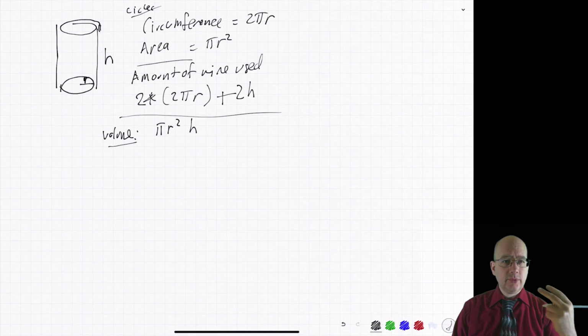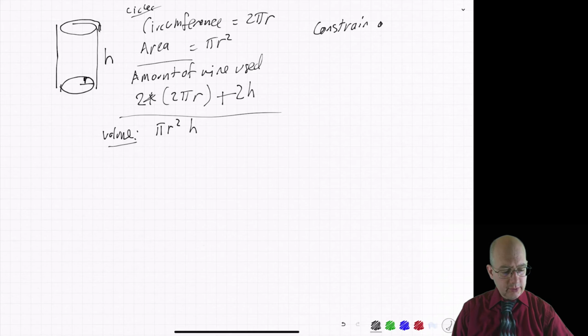Okay, good. And so this is 2 variables, r and h. So we need some more information to make it into 1 variable, which is what we're currently talking about, 1 variable. So where do we get that? Well, let's constrain amount of wire used.